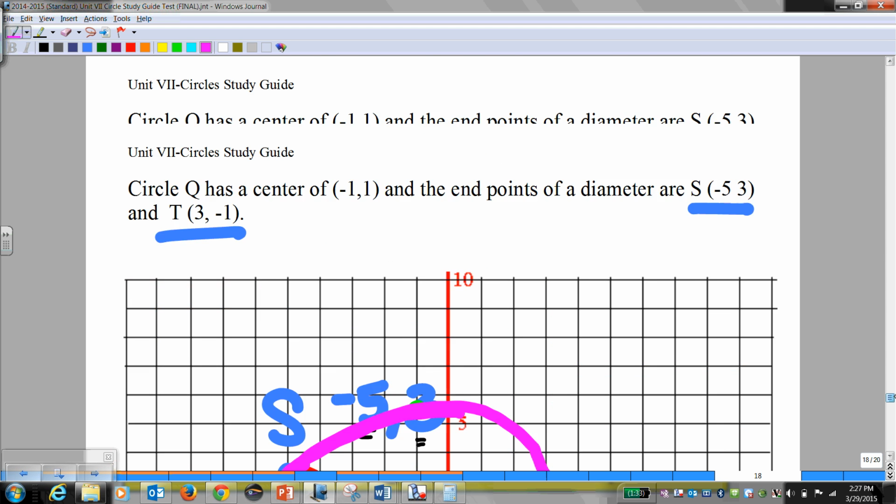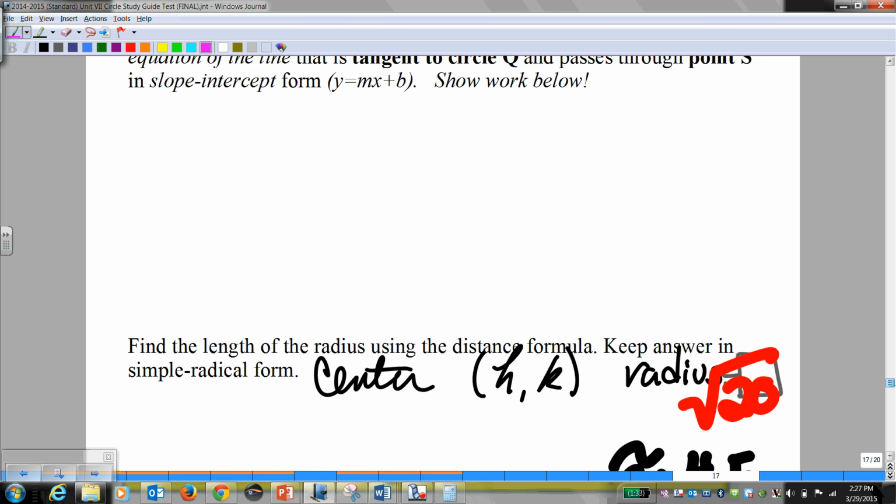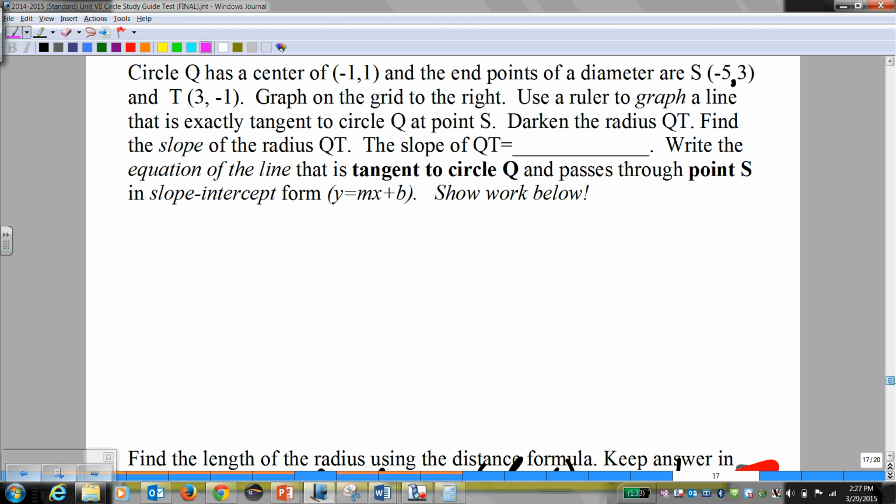Now what we want ultimately is the equation of a line that is tangent to circle Q and passes through point S.